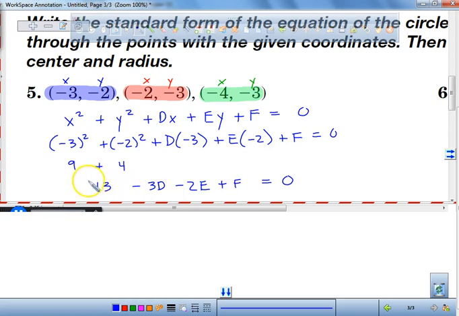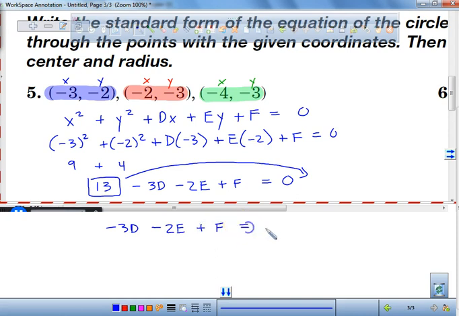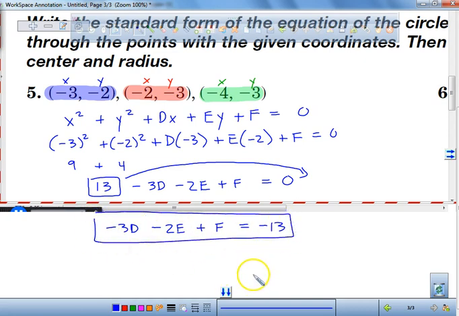Now, if I take this 13 and throw it across, here is your first, not 1, not 2, but 3 variable equation: -3D minus 2E plus 1F equals -13. Put that right there and hold on to it because we're going to come back to that.